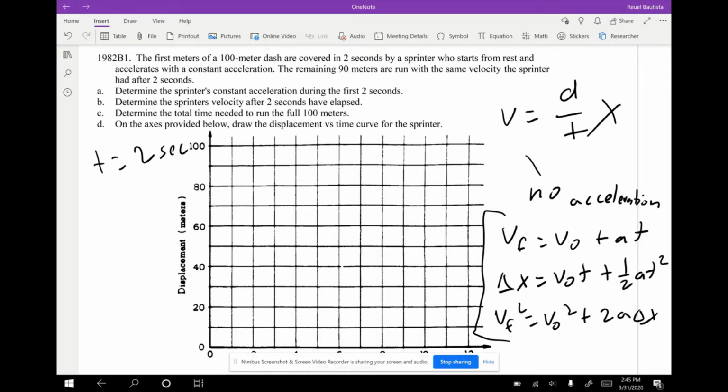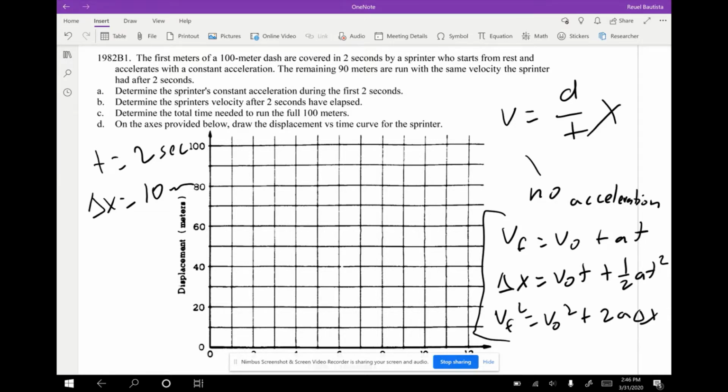That 90 meters is after the 2 seconds, so that's very important to understand. That means in the first 2 seconds, the change of x, or the displacement, is only 10 meters. That means the runner ran 10 meters in the first 2 seconds.